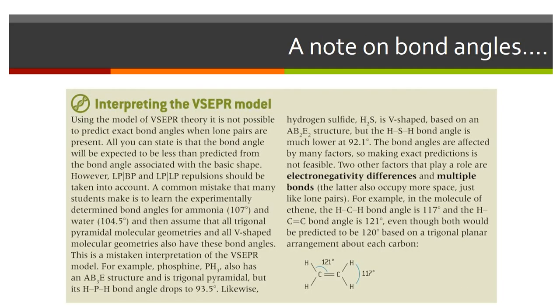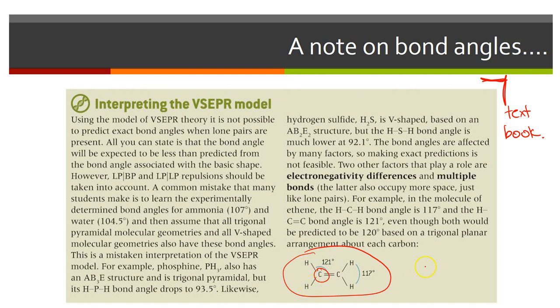So this is just a little bit on the nature of science and looking at those bond angles, which, as I was saying before, it's worth you reading. This is from your textbook, okay? And essentially it's telling us to remember that things will be less than what we say they will. So in this case with the ethene here, we would say that this is trigonal planar around this carbon and therefore would expect these bonding angles to be 120.